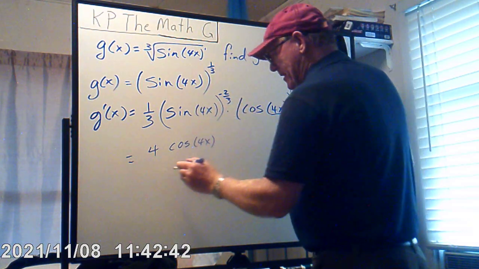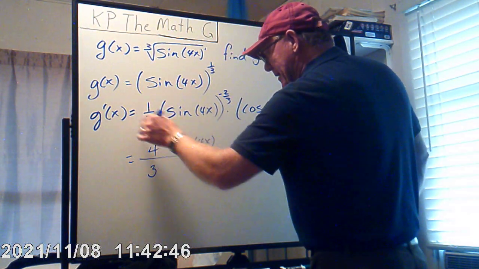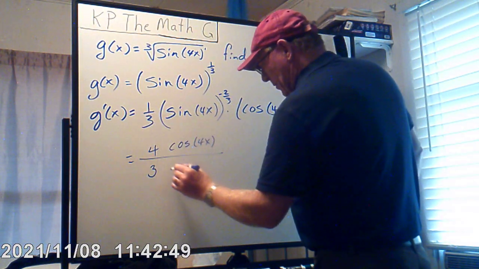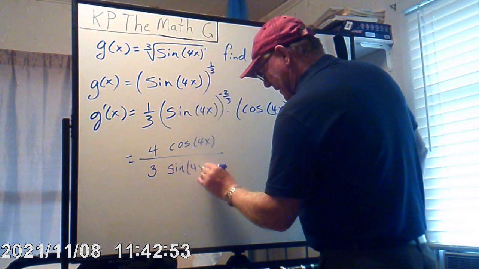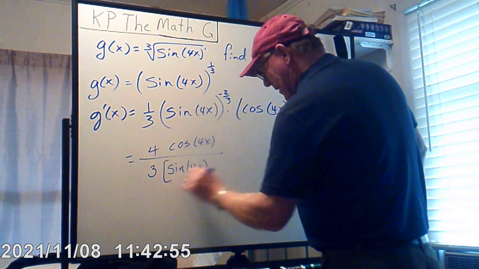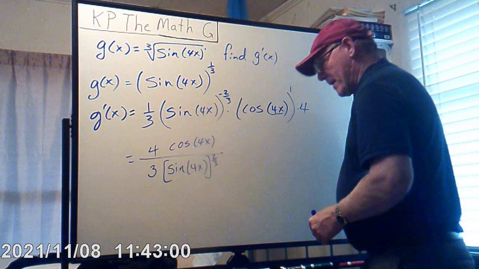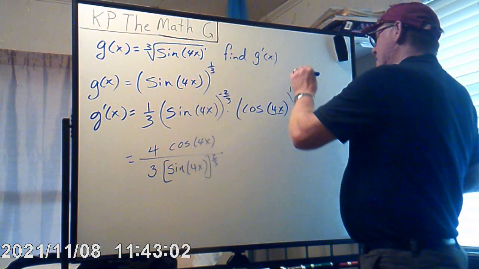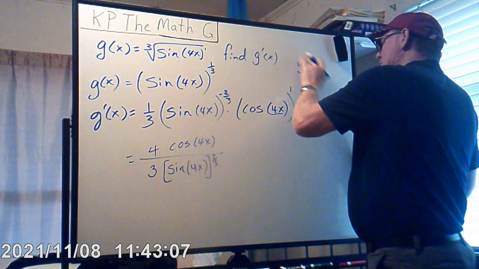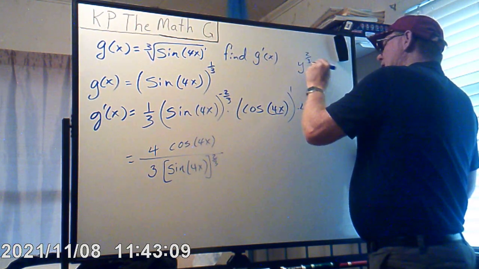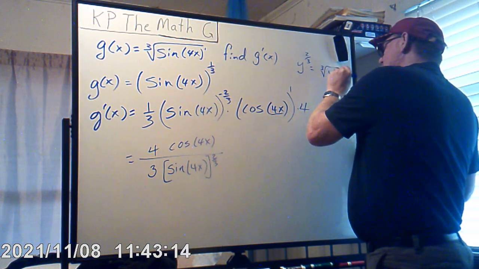This has a negative exponent, so I'm going to bring this down with the 3. The 3 is already in the denominator. I'm going to put this sine 4x to the positive 2/3. Now, y to the 2/3 is equal to the cube root of y squared.